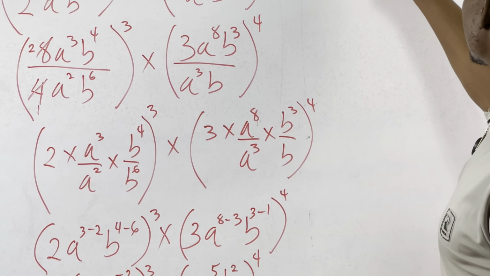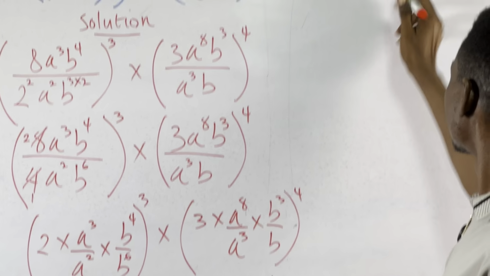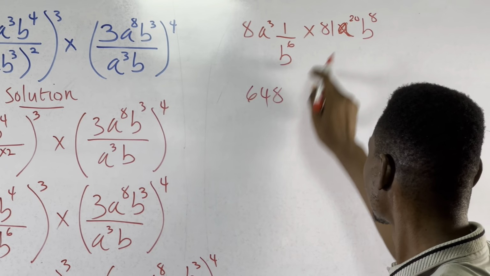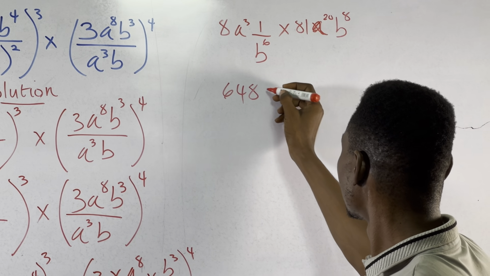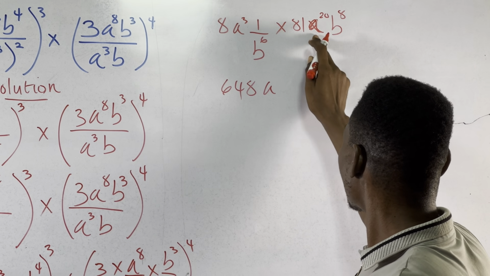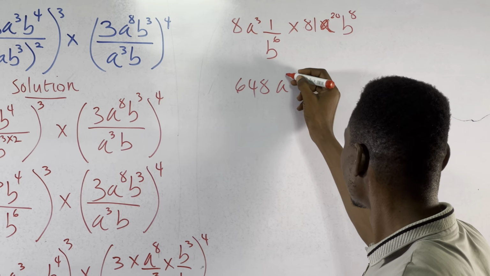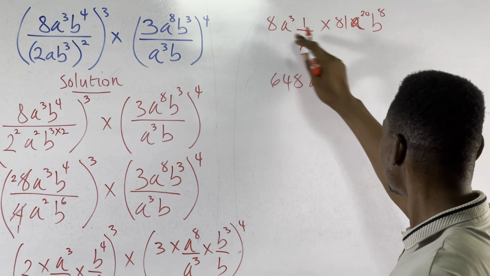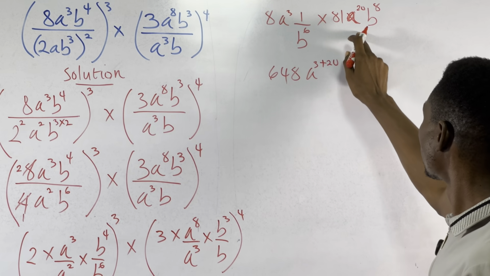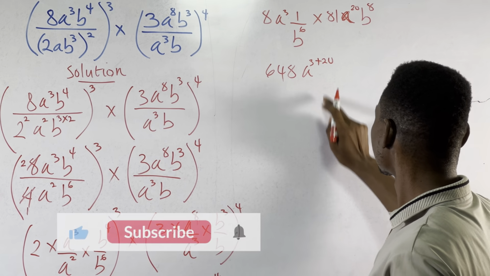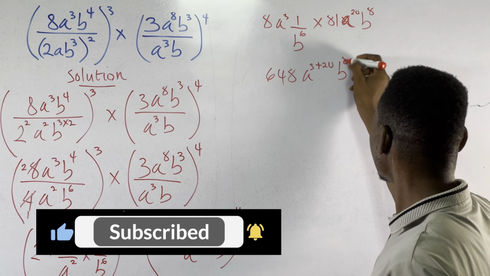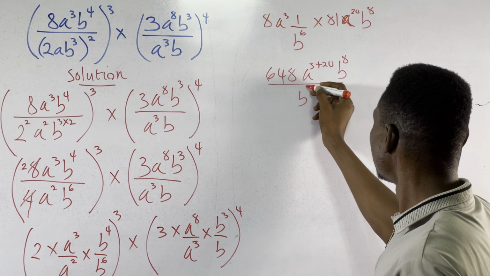Okay, so 81 times 8, that's 648. Then we have a. For the a's here, we have a3 plus 20. Following the same product law, we add the powers. Then we have b8 all over b6.